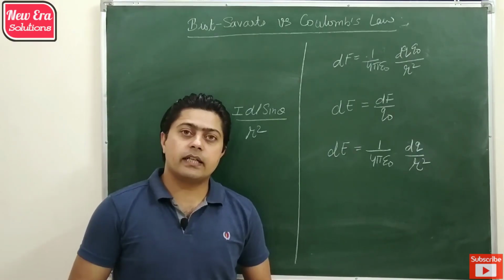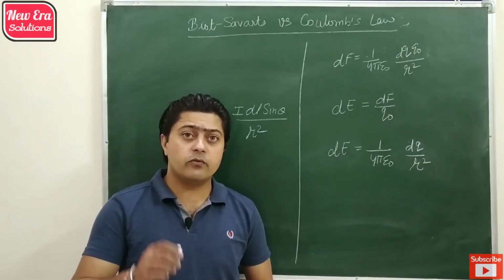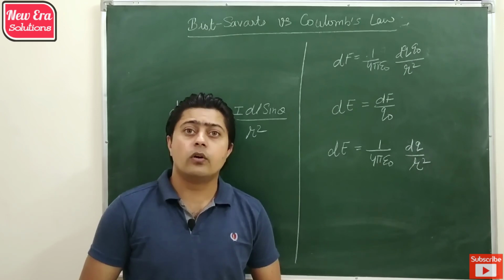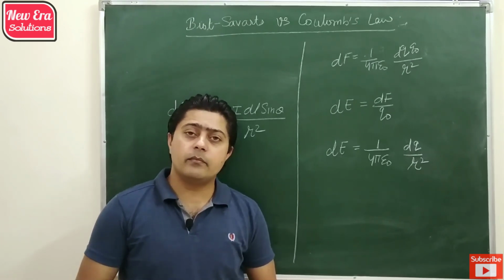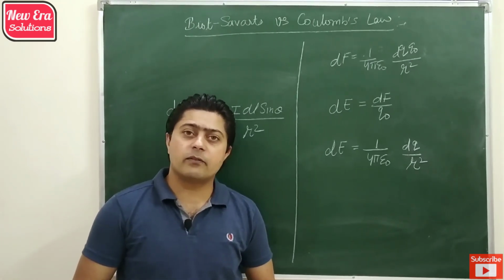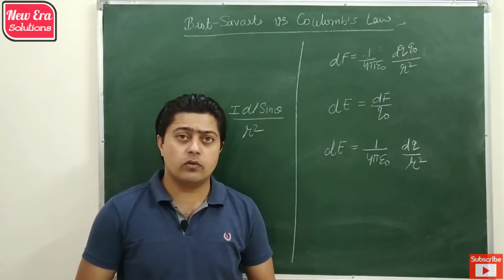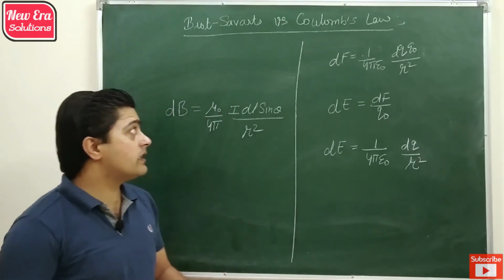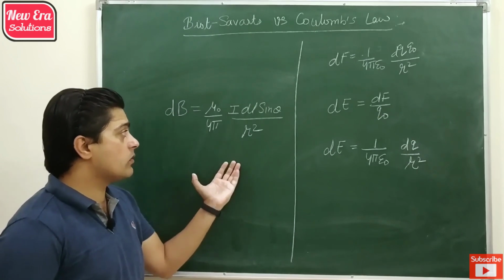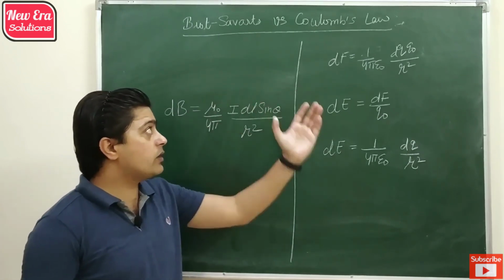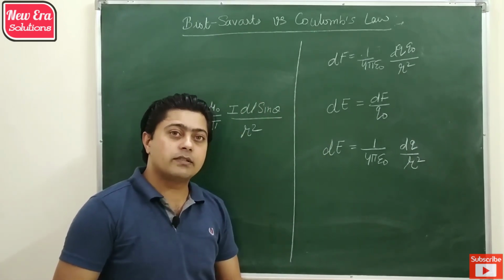In electrostatics, to find the electric field we use Coulomb's law, and in magnetism to find the magnetic field we use Biot-Savart's law. There are some similarities and differences between Biot-Savart's law of magnetism and Coulomb's law of electrostatics.